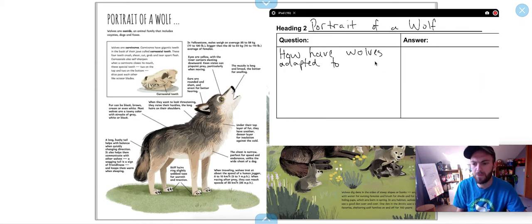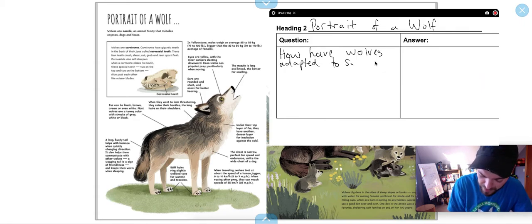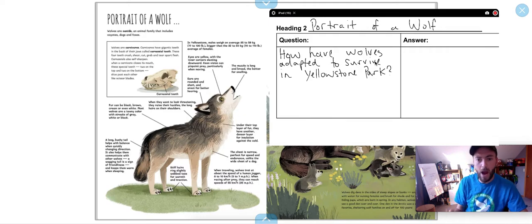What should we say? How have wolves adapted to survive in Yellowstone Park? And what do we need at the end of our question? We need a question mark. How have wolves adapted to survive in Yellowstone Park?